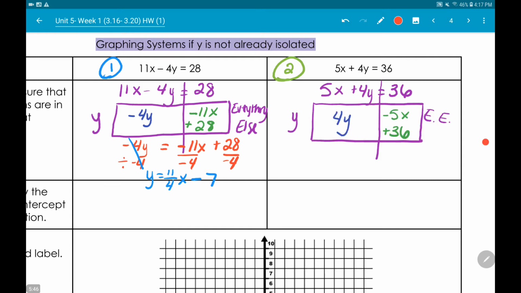All right, final couple of steps. Let's bring everything down. Last step is divide by 4. Remember, everything gets divided by 4. And then our graphing equation is going to be y equals negative 5 over 4x plus, that's 36, so this is going to be 9.